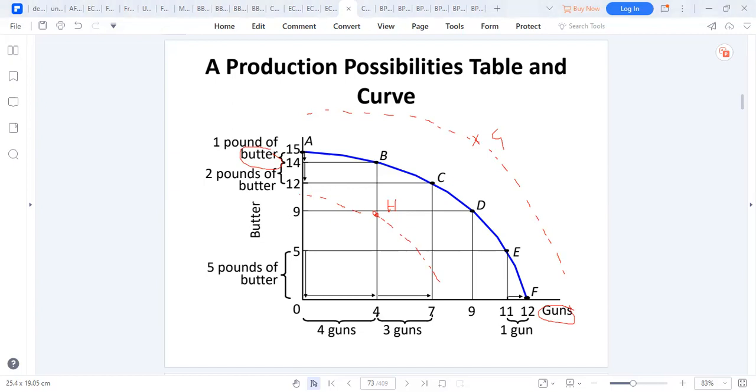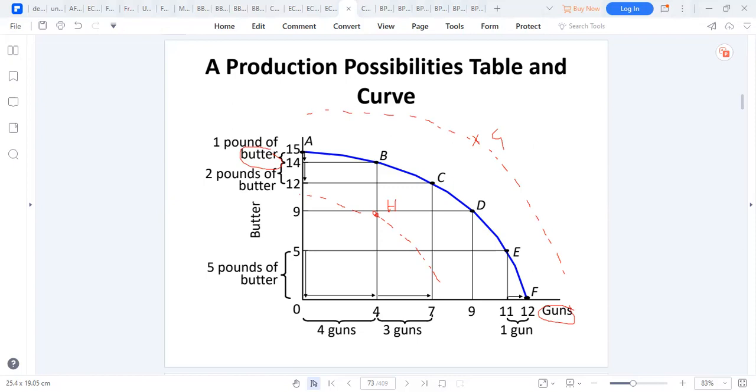PPF has its own assumptions that it thrives under. PPF assumes that resources are fixed in the short run, that technology remains constant, and that all the resources being used are used efficiently. It also assumes that in this model that you're seeing here, only two goods are being produced.